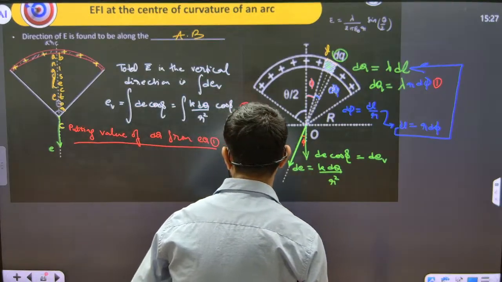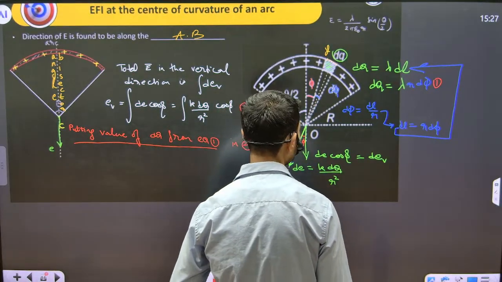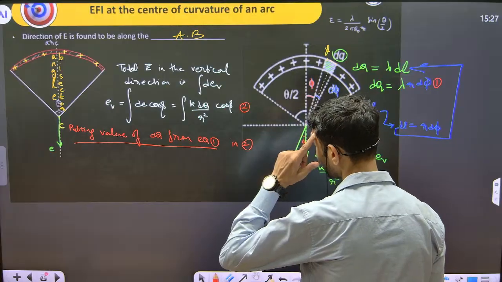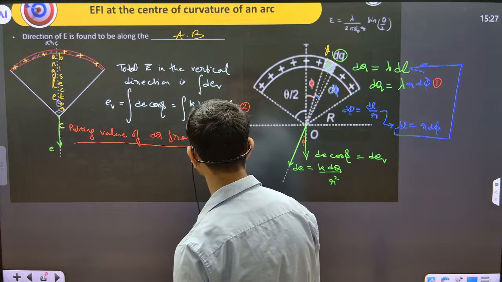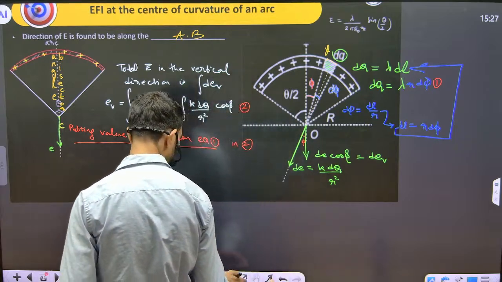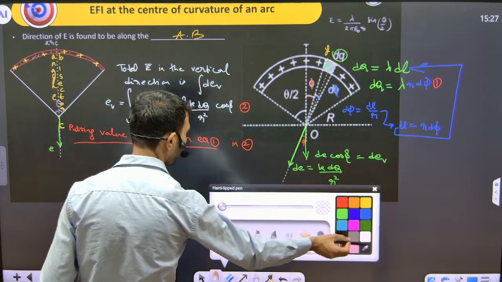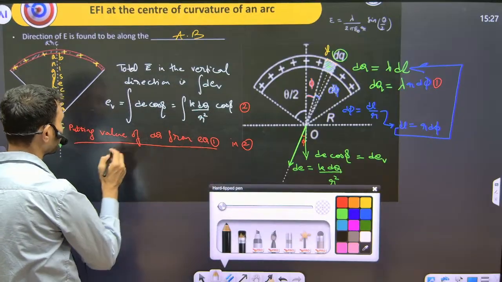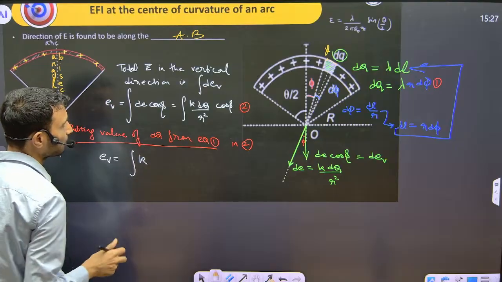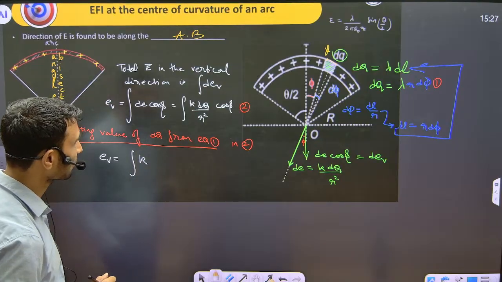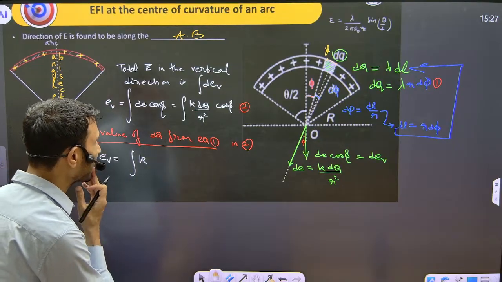So we have done the derivation till here, right? Let's go ahead from here. Putting value of dq from equation number 1 and 2. So what do we get, guys? If I do that, I'm putting in 2. So E comes out to be what? Integral k into dq. But what is the value of dq?